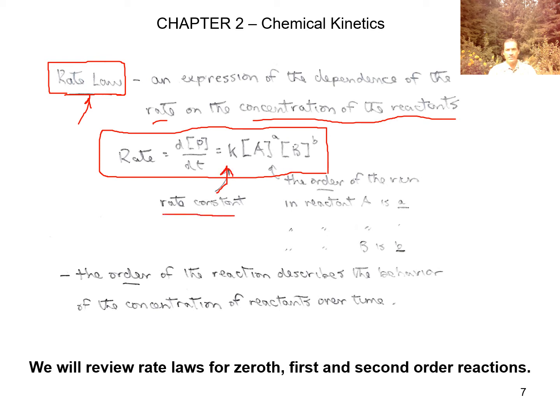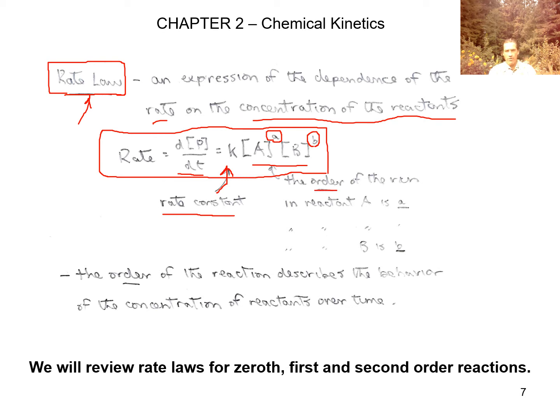This kind of bridges what we have over here in terms of concentrations with what we have over here in the rate. And here I have my concentrations of A and B. This is for my generic reaction of A plus 2B goes to P. And I have these concentrations, and then I raise these concentrations to what we call the order.